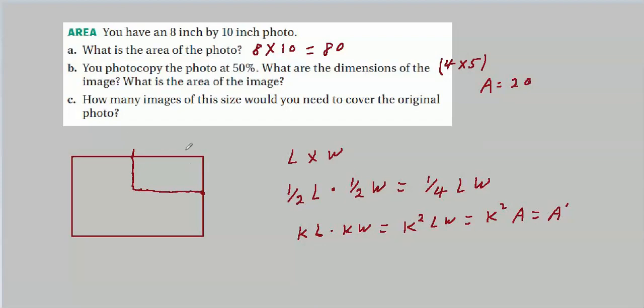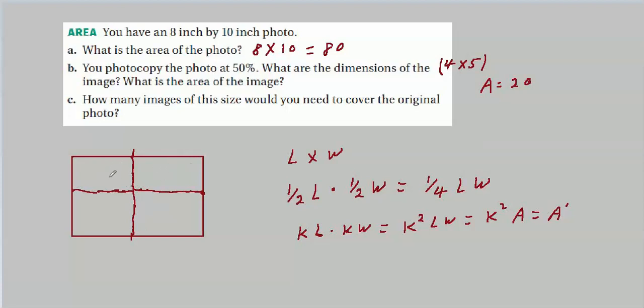That's like half and then half, which is 1/4. We cut this in half, and we cut this in half, and we've got another quarter, and the same thing over here. We cut this in half, half, half. As we draw our lines, we can break it up. Each of these 50% photocopies is actually 1/4 of the original.